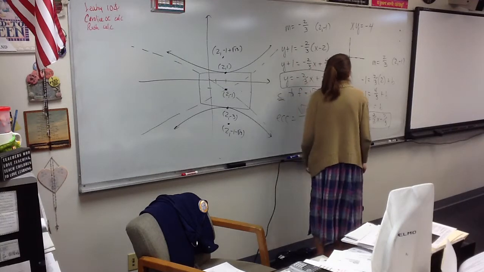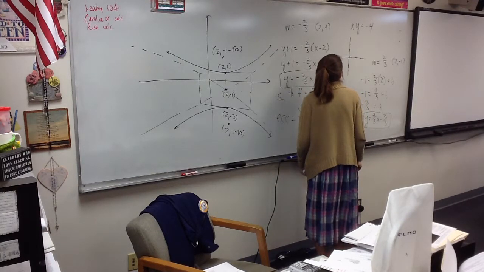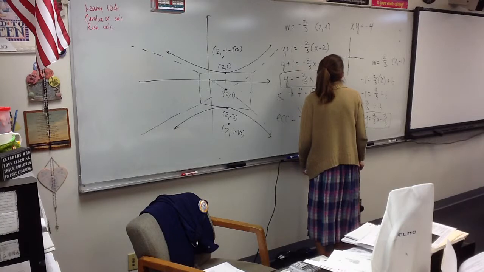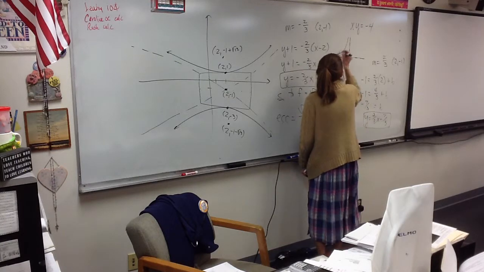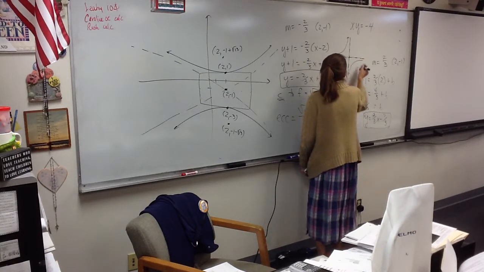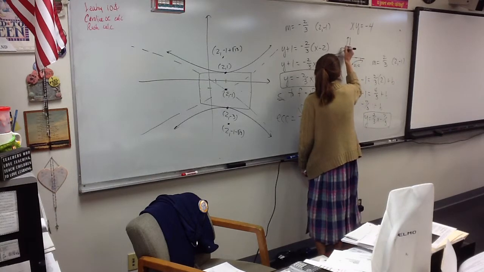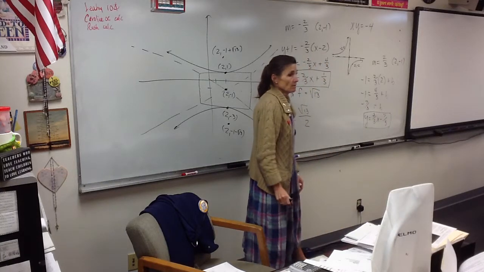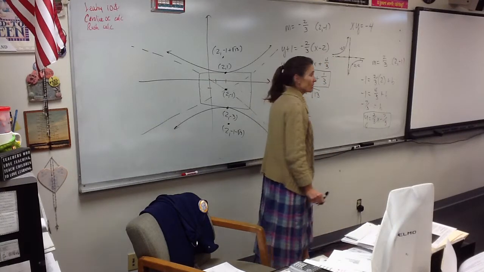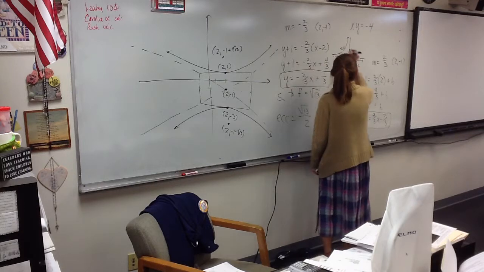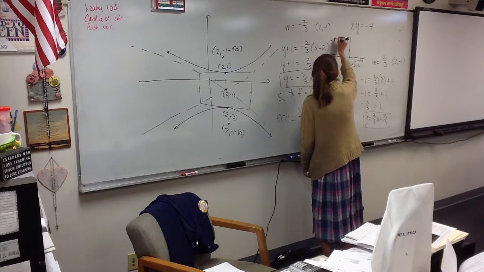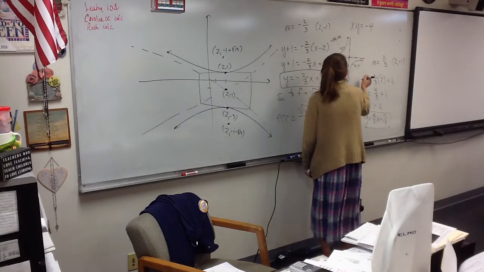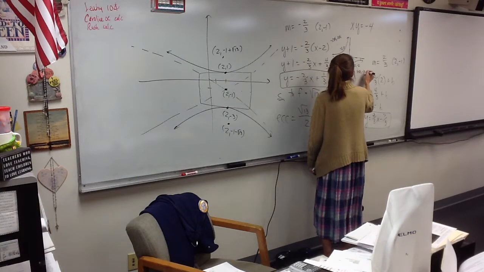Where are its vertices? Watch it, we're in these two quadrants this time, right? Because we're negative. So we'd be at 2, -2, and -2, 2. Where are the foci? -2√2, 2√2, and 2√2, -2√2.